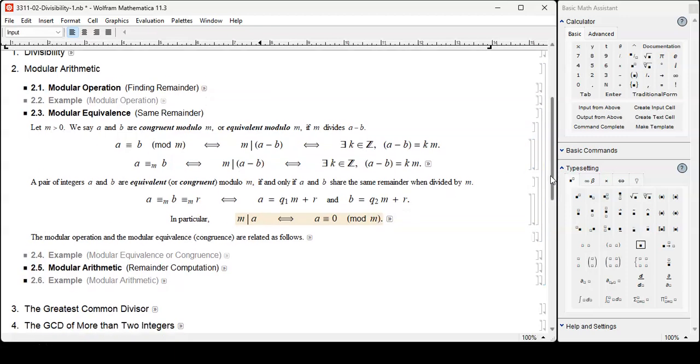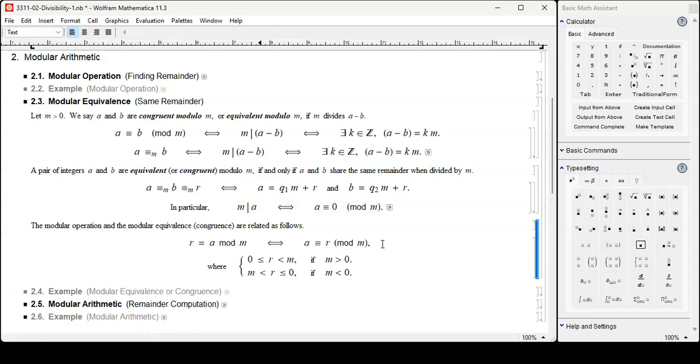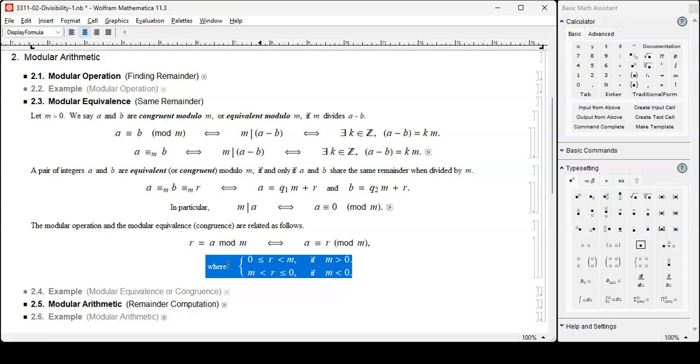Okay, another aspect. The mod operation and modular equivalence are related kind of like this. r is a mod m, and a is congruent to r modulo m are the same thing if r is between 0 and m. Now, what if we drop this?